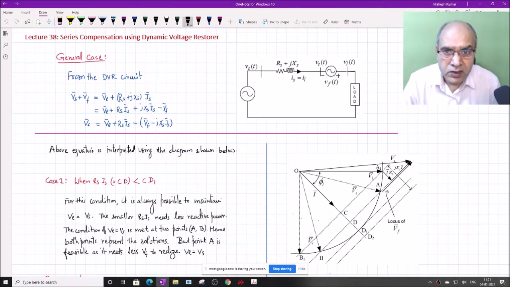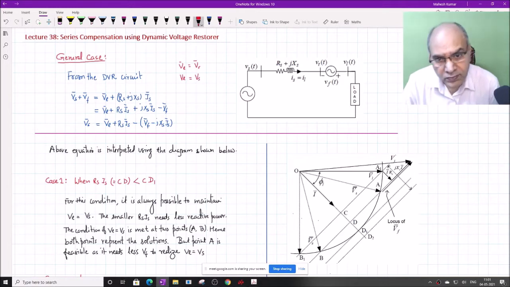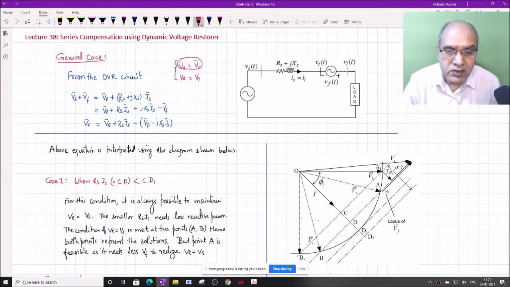For example, do we want VL equal to VS, or simply VL magnitude RMS equal to VS? We found that the first condition is more strict to realize because there are two conditions: one is the magnitude and another is the phase angle.